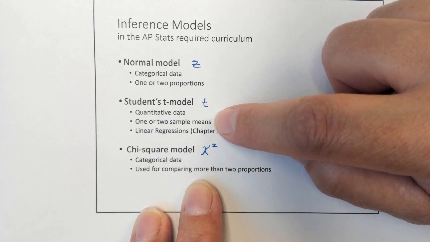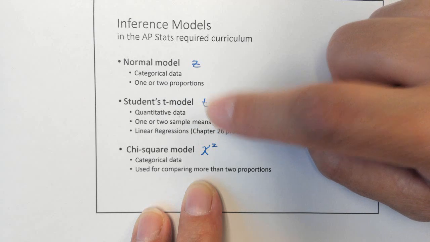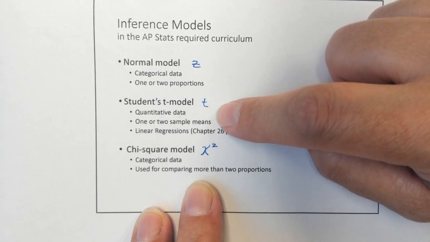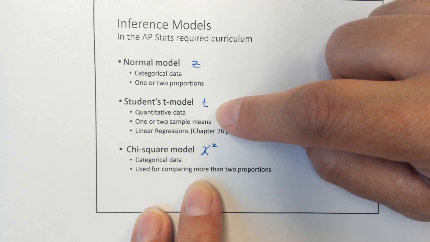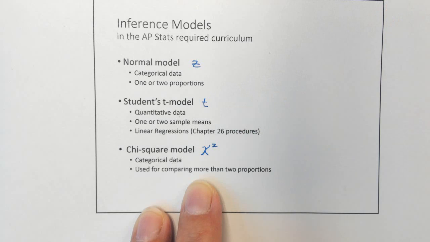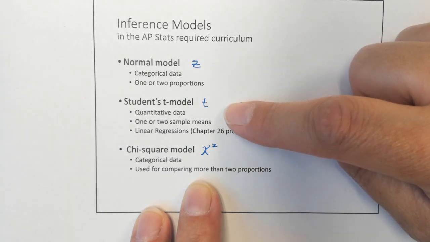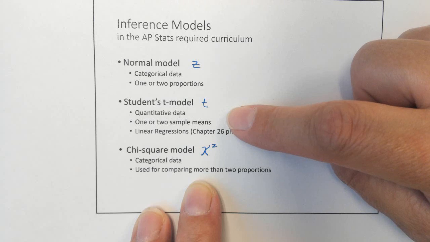Where the 2 sample means or the paired means for the T model lose track, something called ANOVA picks up, and ANOVA is going to deal with more than 2 means. We do not study that in AP statistics. It would be the next logical place to go at the end of the course if we had time just to explore things. I have seen college students come back and be working with ANOVA.